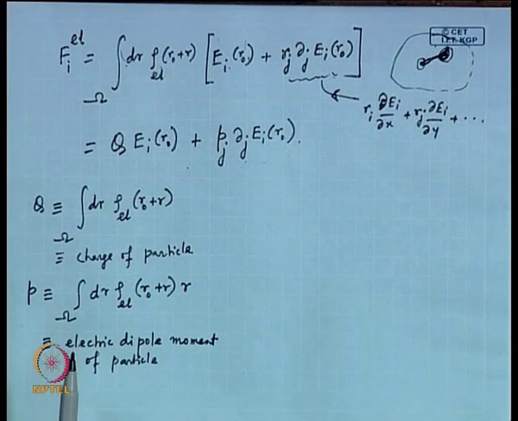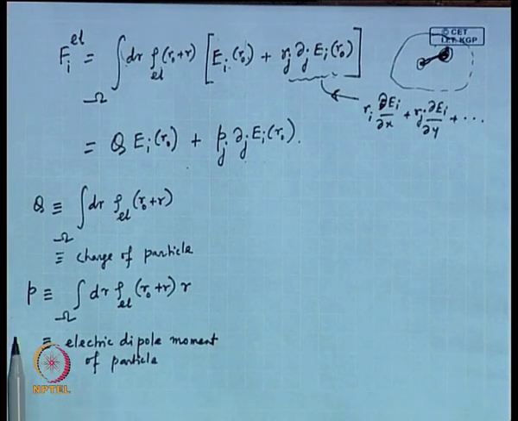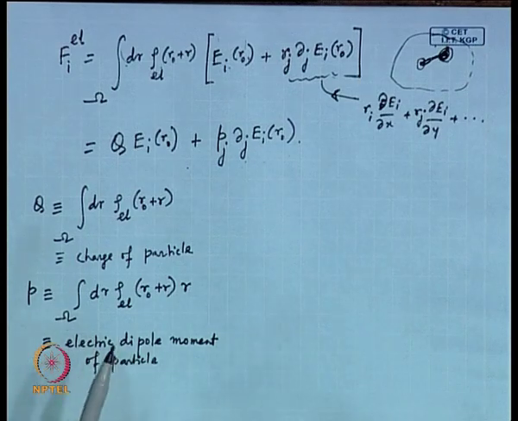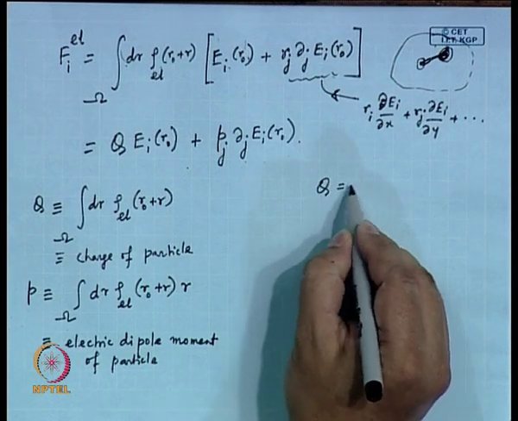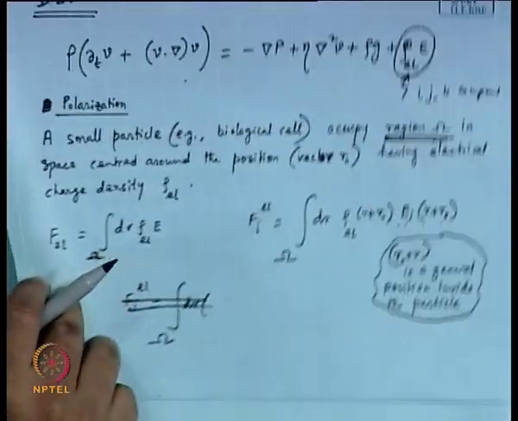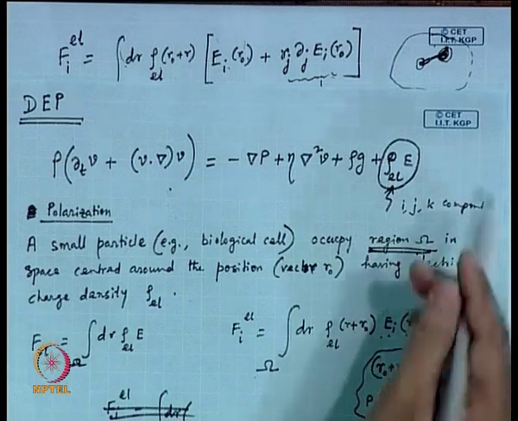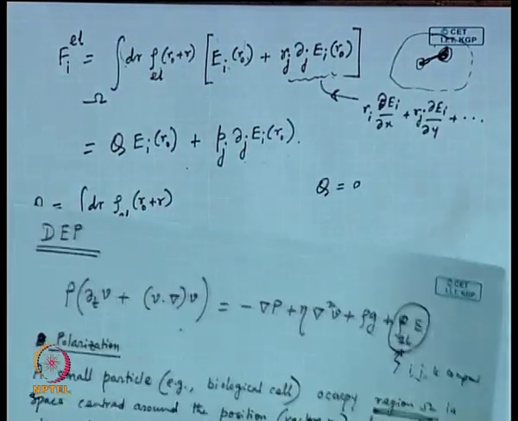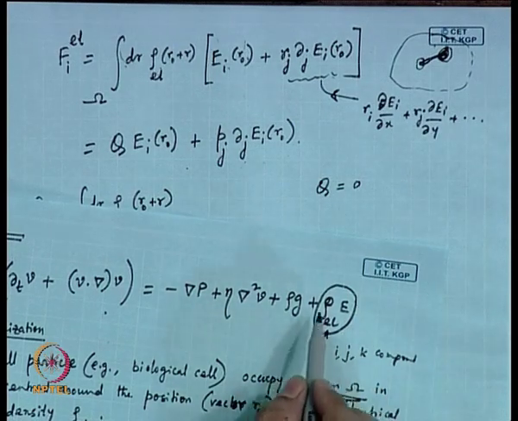I mean, we can get into the definition of this later, but one thing I want you to appreciate here is that if Q is equal to 0, like in the earlier analysis, then this term is not there.